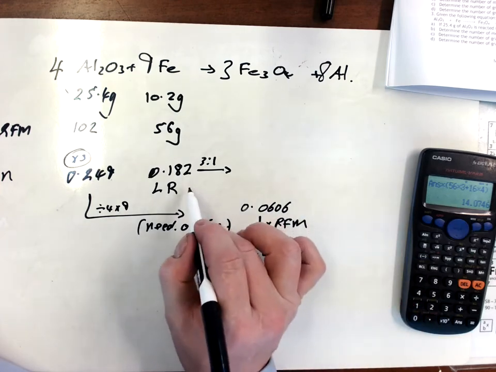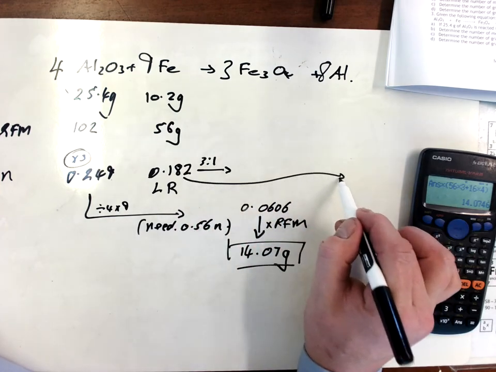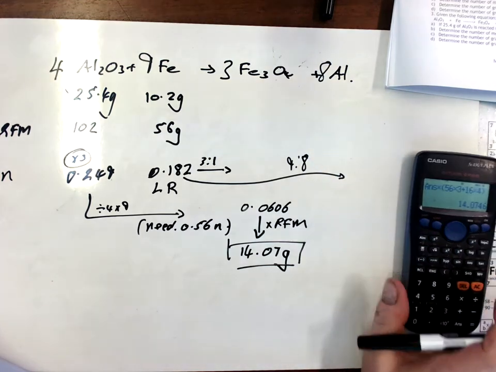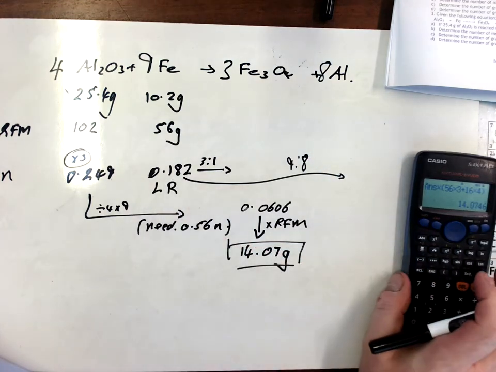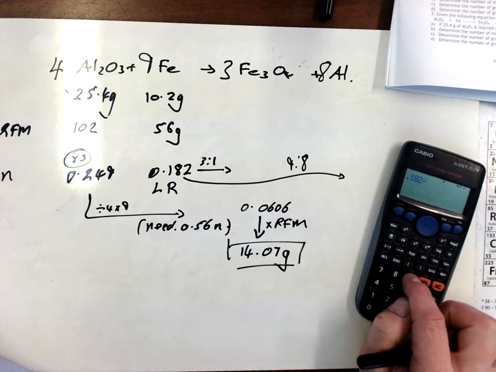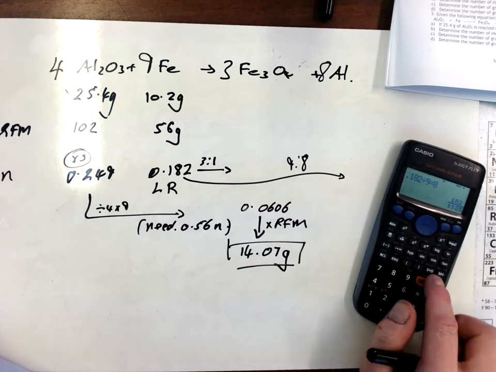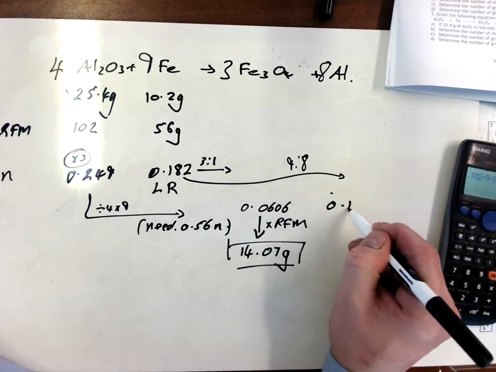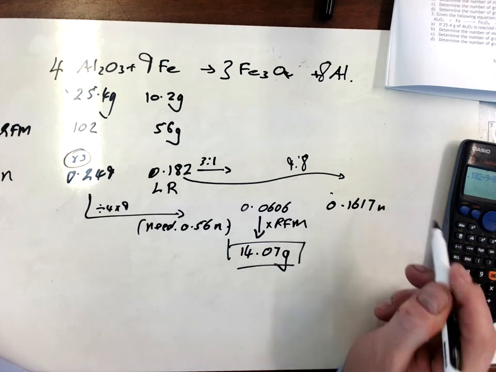Okay, let's move across to the aluminium then. So aluminium, we have a ratio of 9 to 8. So we need to take our 0.182, divide by 9 and times that by 8. Okay, it gives us a moles of 0.1617.